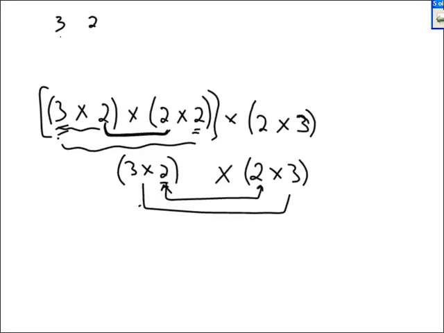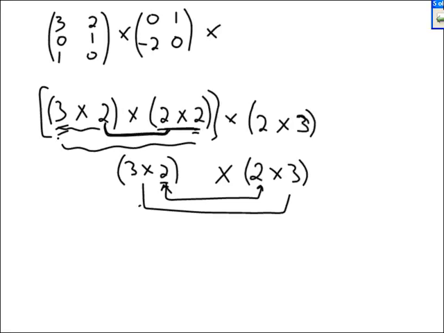There's my 2 columns. Here are my 3 rows. The next matrix is 2 by 2: 2 rows, 2 columns. The next matrix is 2 by 3: 2 rows with 3 columns. 1, 2, 3 columns with just 2 rows.